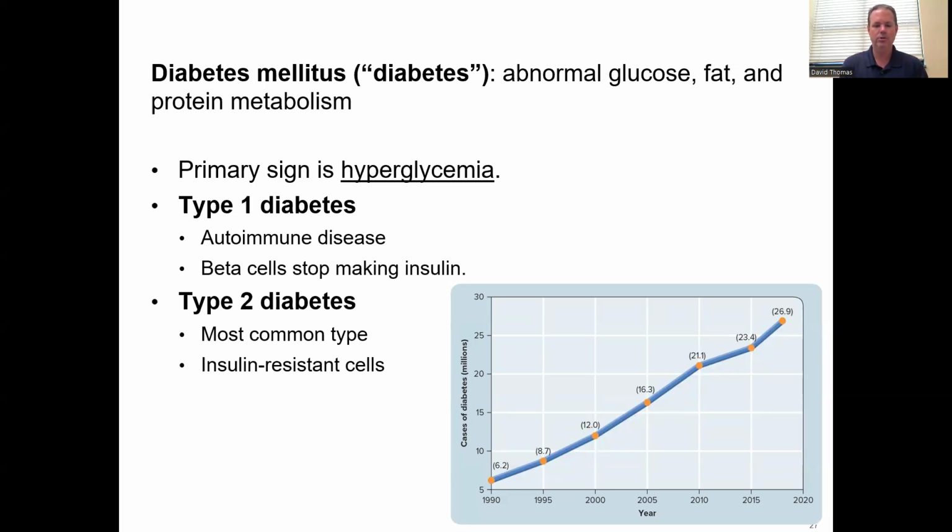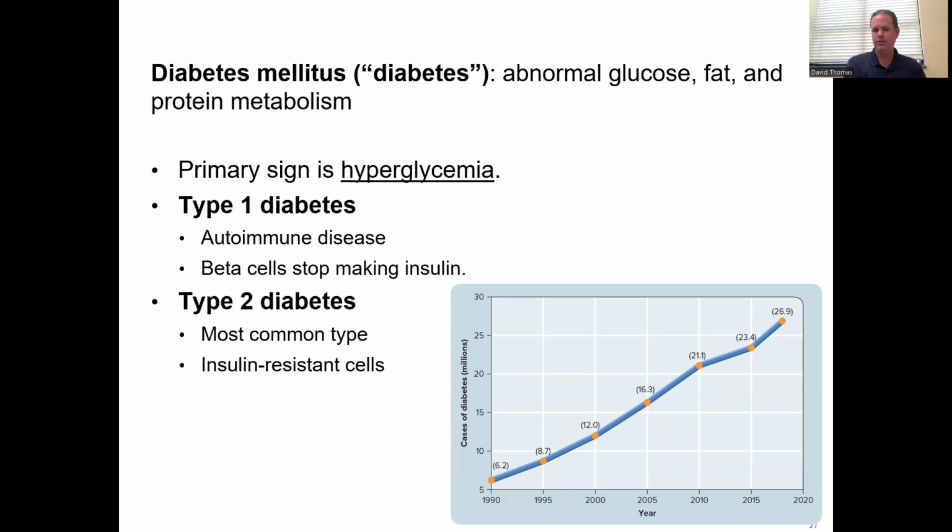Type 1 diabetes has been shown to be an autoimmune disease. Your body system produces antibodies and literally attacks your own cells. You have specialized cells called beta cells inside of the pancreas, and their job is to make insulin. For whatever reason, and there's still a lot of research going on about autoimmune diseases, those antibodies attack and destroy the beta cells.